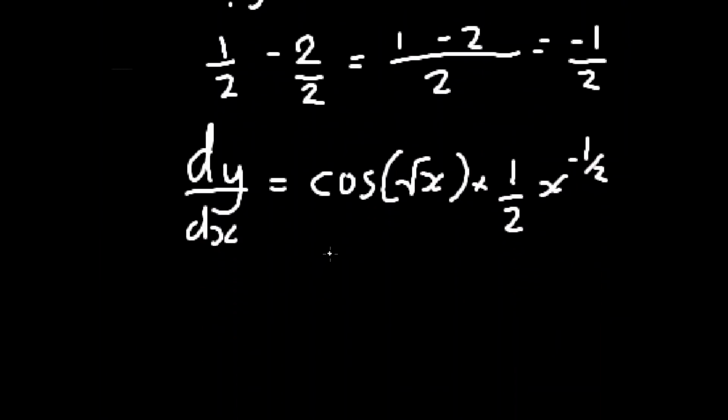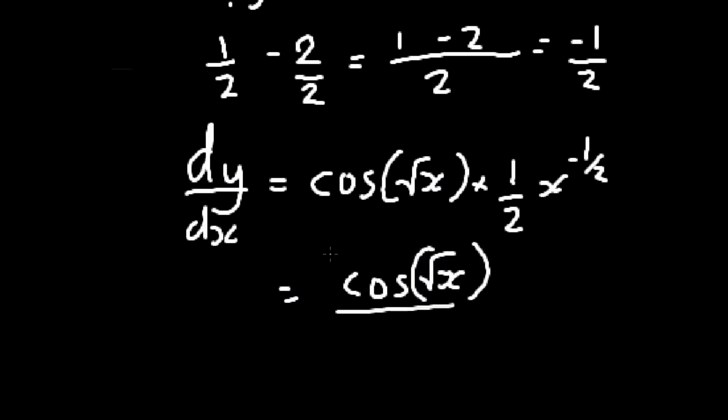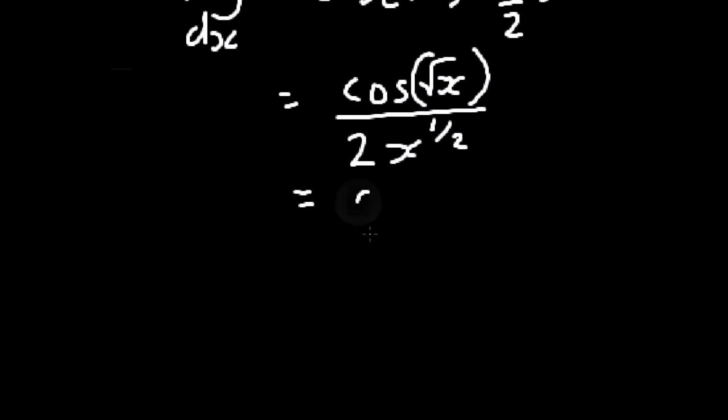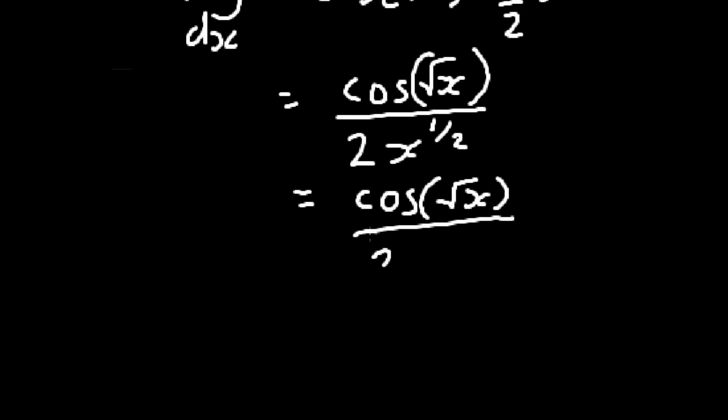Let's make it look a little better. If you have like 3 to the minus 1, by the way, that is equal to 1 divided by 3. See how it flips it across the fraction line there. So in this case, we're going to do the same thing. We're going to write cos of root x normally, and we're going to put the x down the bottom along with the 2. Now, anything to the power of a half, we've got a nice symbol for that. We can write that as the square root. Voila, that is our answer.